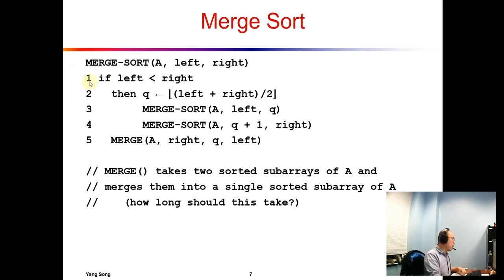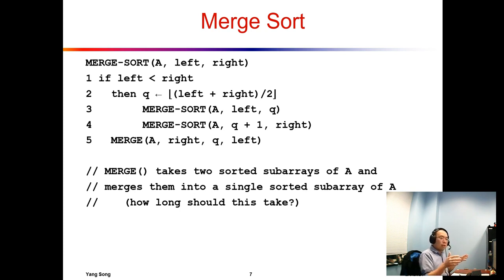If you see, line 1 is if left is smaller than right, then we go inside and do the recursion. But if left is not smaller than right, then we do nothing, right?